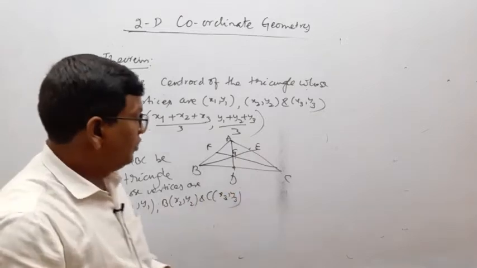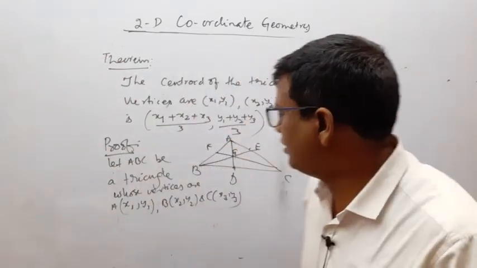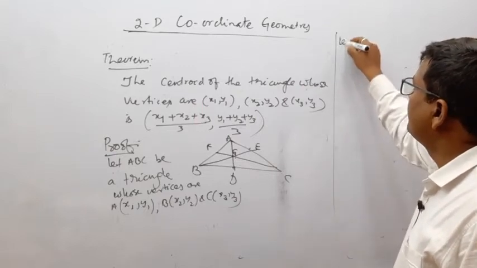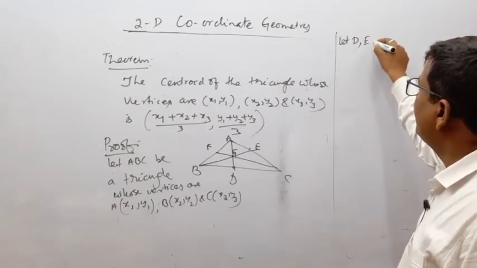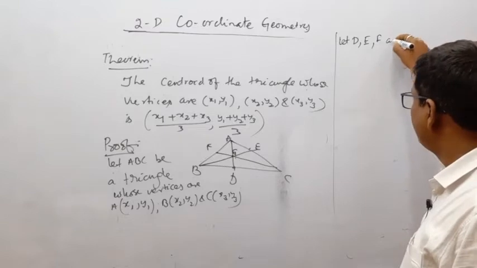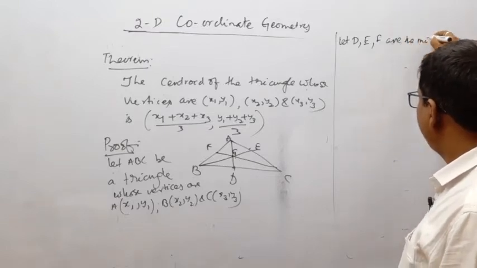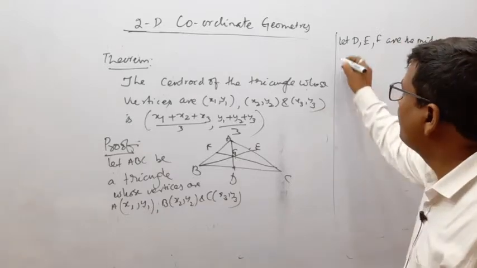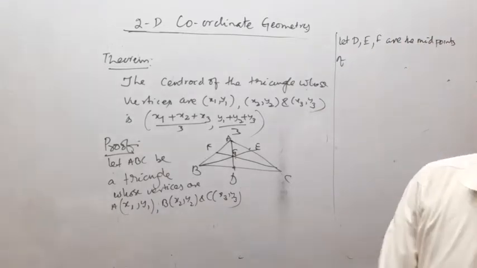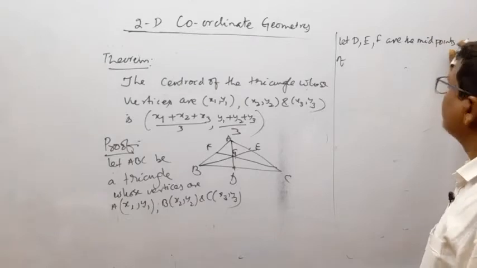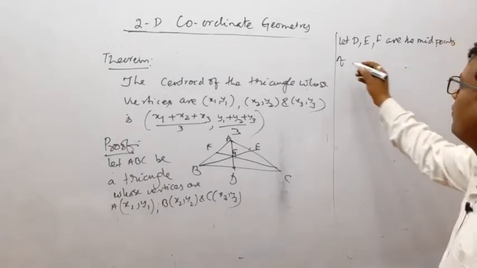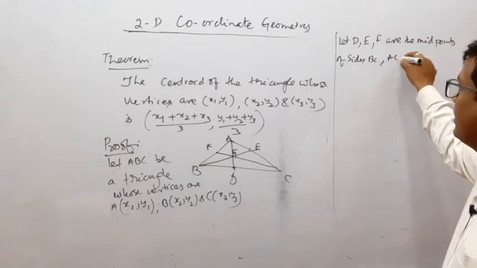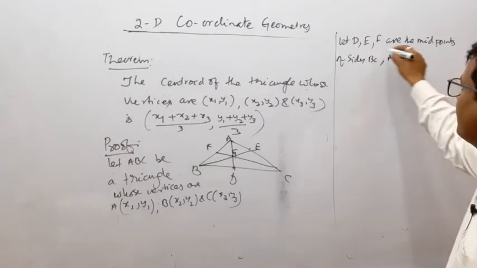Now let DEF be the midpoints of sides BC, AC, and AB respectively.